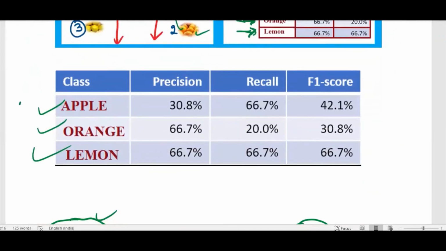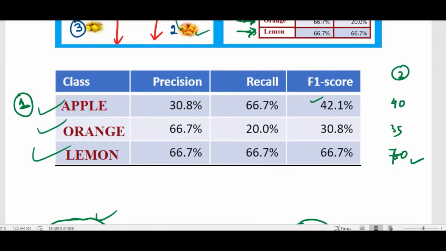Suppose classifier 1 gave these figures, okay? And classifier 2 gave these figures, here 40% less, here 60%, okay, here 40%, here 70% more, here 35%. So if you see, this is better as compared to this one, but this is better as compared to this one.